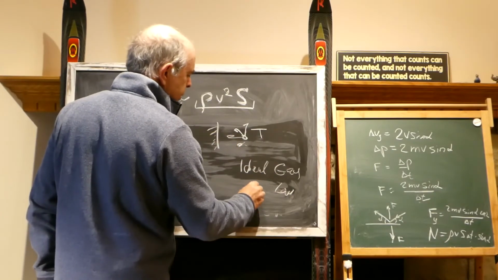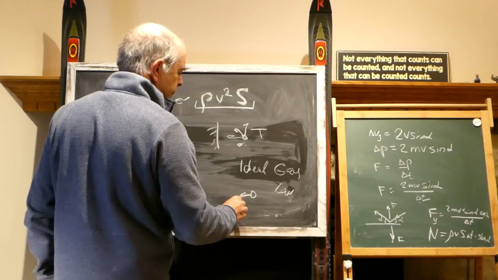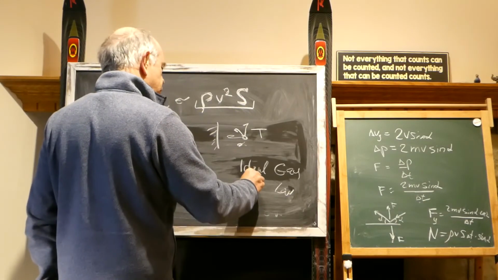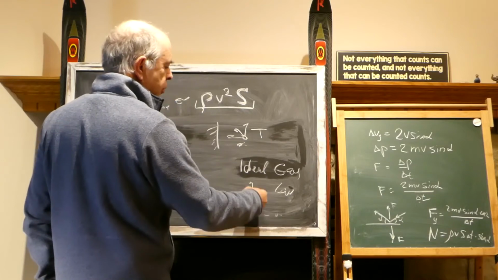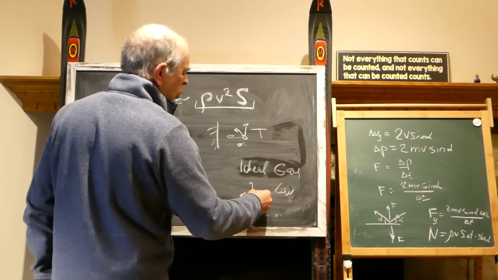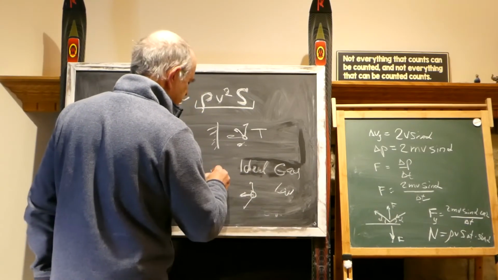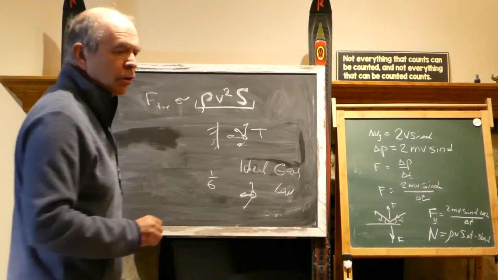But if you assume that 1/3 of them moving this way, 1/3 of them moving this way, and 1/3 moving along XYZ, and then 1/2 is moving this way, so you have 1/6 of all molecules.